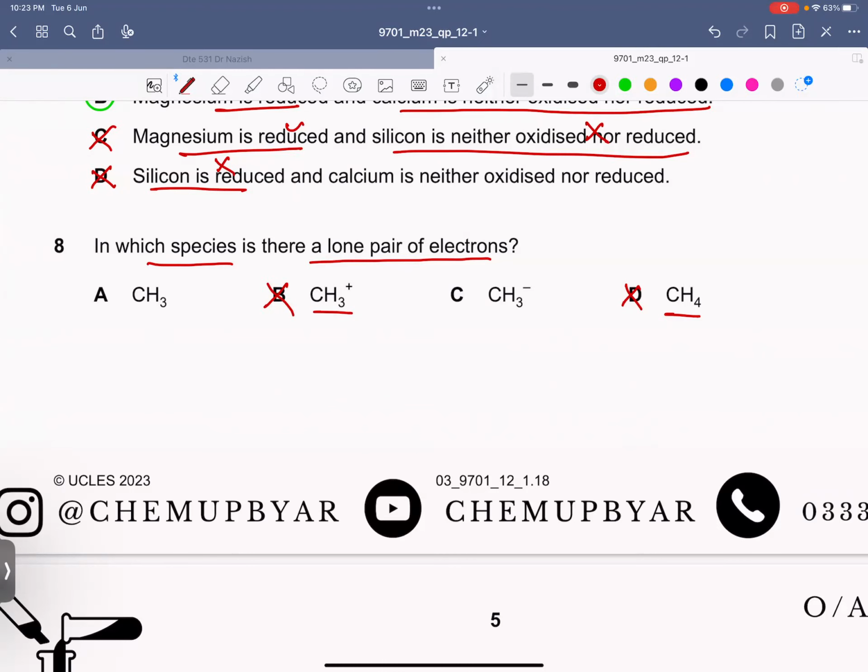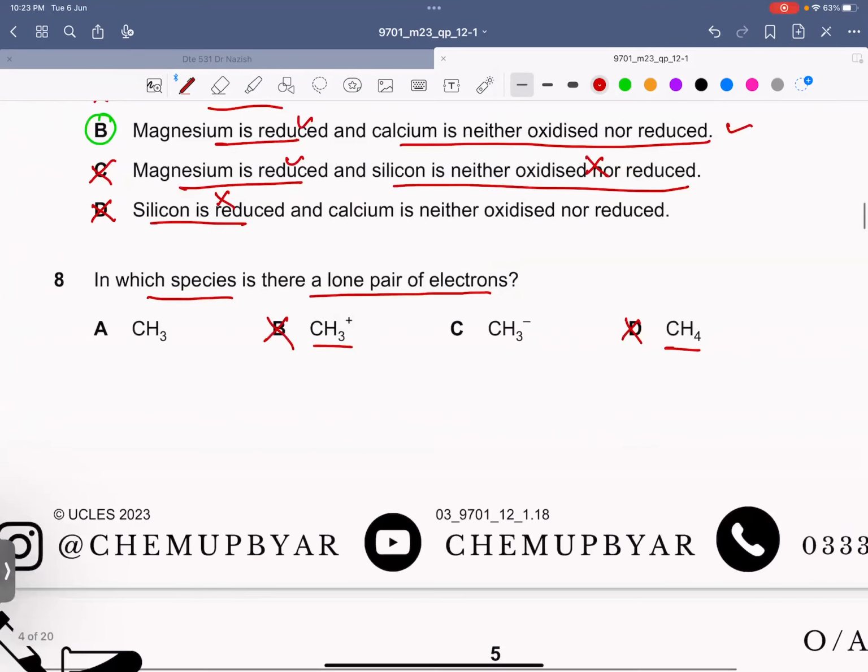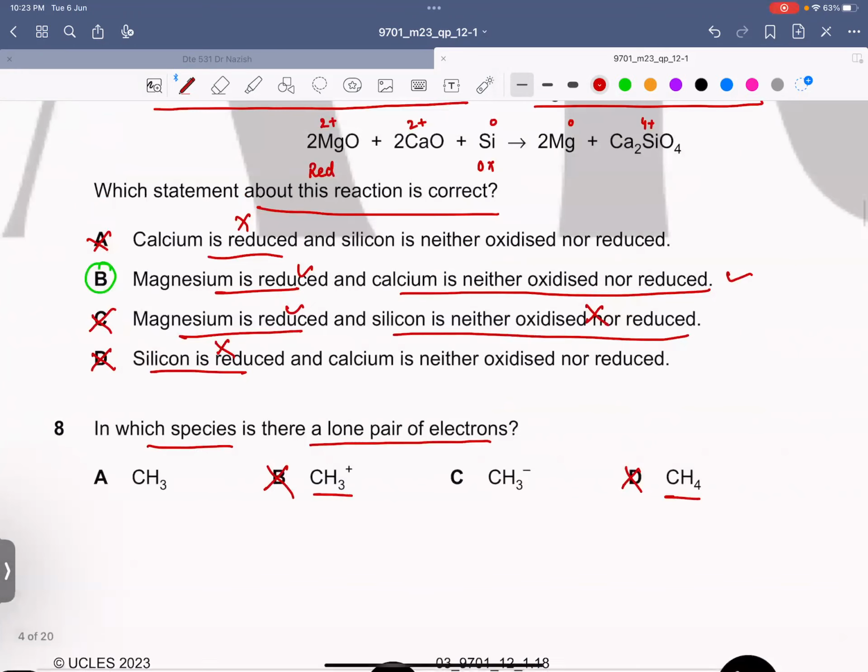So B and D are wrong. Now, if you look over here, there is a negative charge. Which means carbon has electrons, has one hydrogen, and this has a pair of electrons, one extra electron. That's why it has a whole negative charge, which makes it the correct one, and is your correct answer.